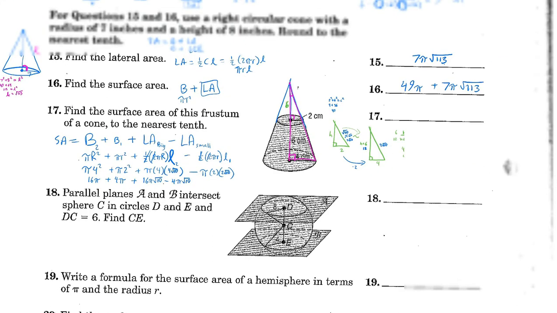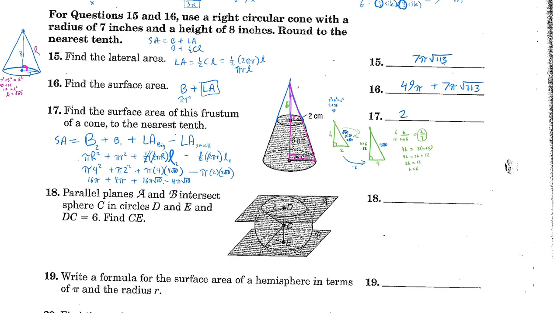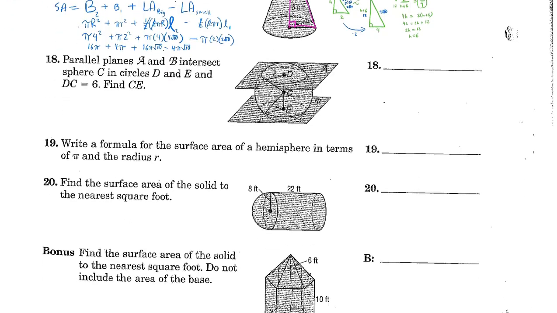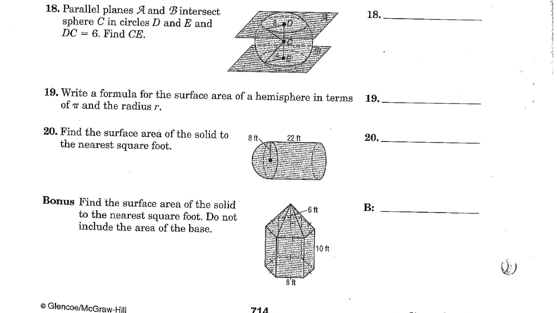And so what we end up getting for our final answer is 20 pi, and then plus, we had the 16 pi minus 4 pi, so we have 12 pi root 10. Cool problem. That was a challenging one. All right, let's go to the next one.